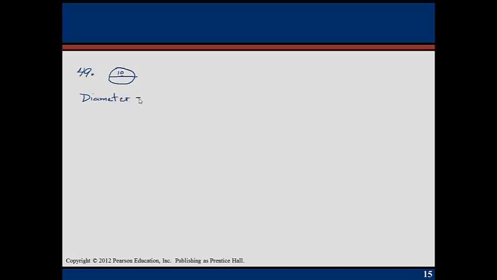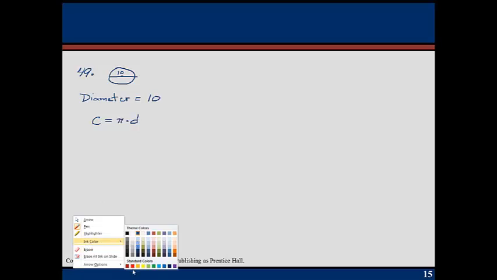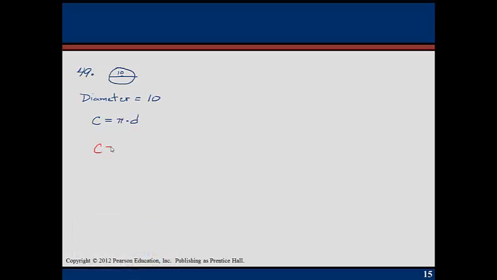So they gave you the diameter, which is 10, and it's looking for the circumference, so we're going to use the formula that gives us diameter. So pi times d. So C is equal to pi times 10, which is just said as 10 pi. This is the exact answer. Now to get an approximate answer, you're going to replace the pi with 3.14.